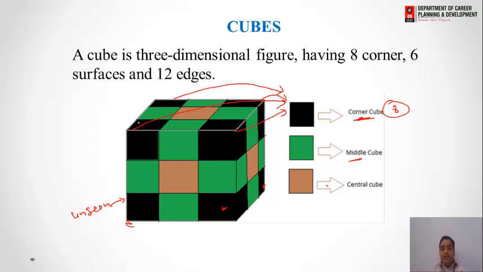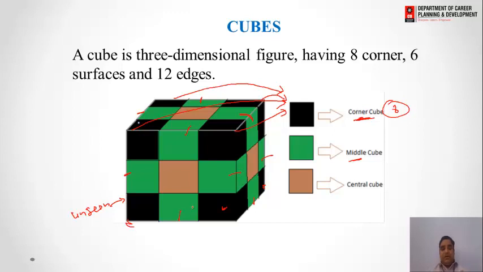Now we need to consider the middle cubes. This one, that is the green: 1, 2, 3, 4, 5, 6, 7, 8, 9, and one we have unseen here.